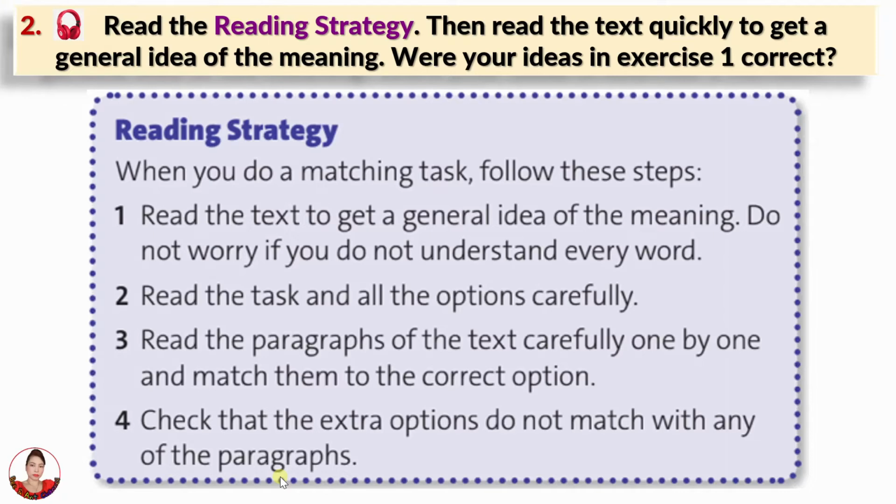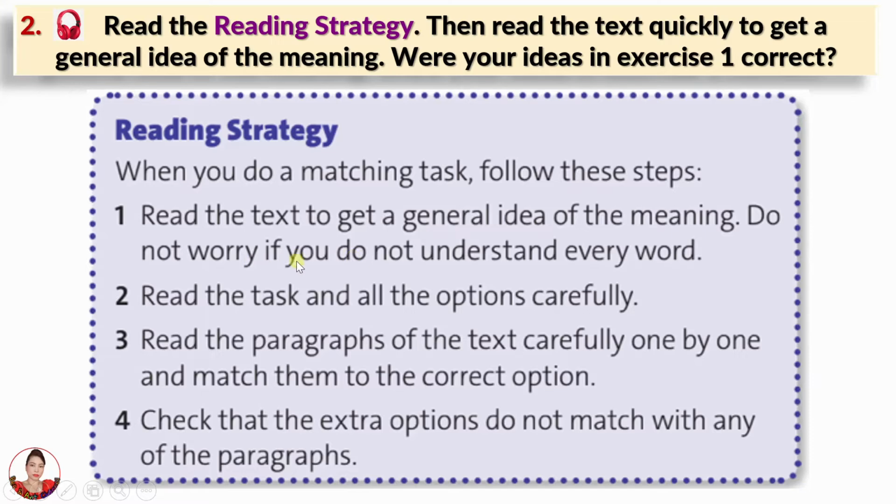Now read the reading strategy, then read the text quickly to get a general idea of the meaning. Were your ideas in exercise 1 correct? Reading strategy. When you do a matching task, follow these steps. Read the text to get a general idea of the meaning.